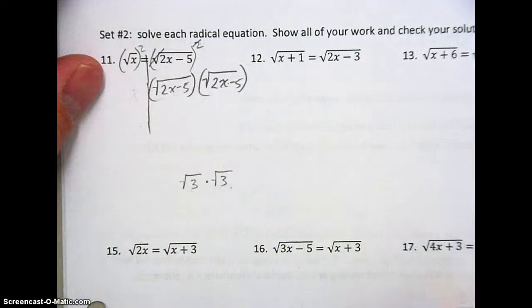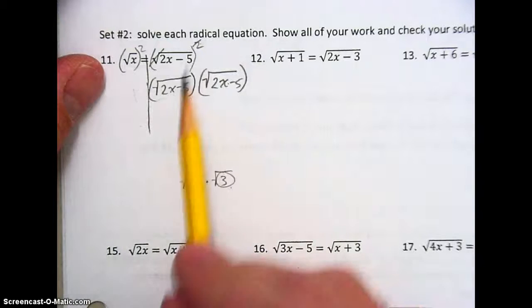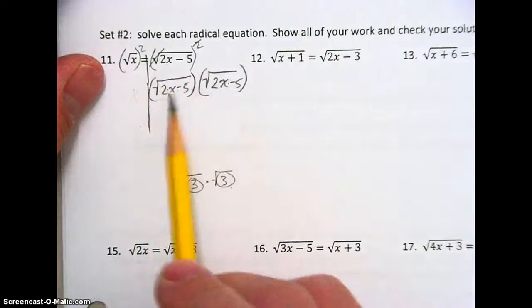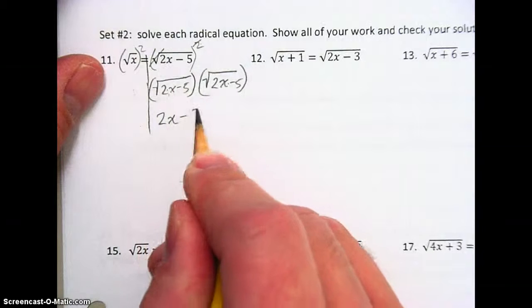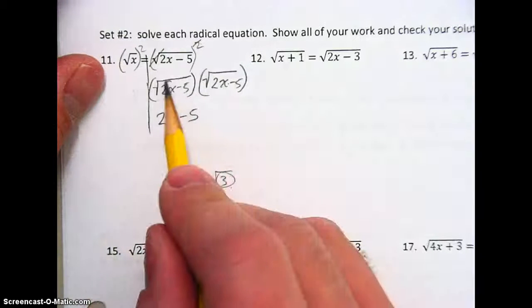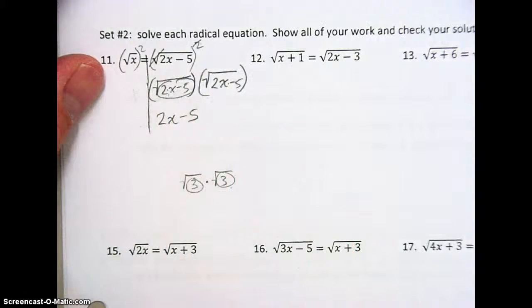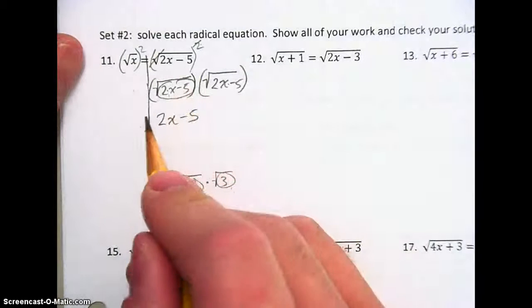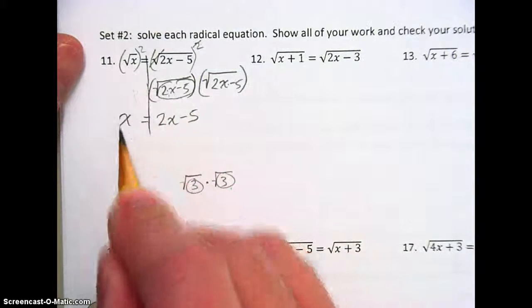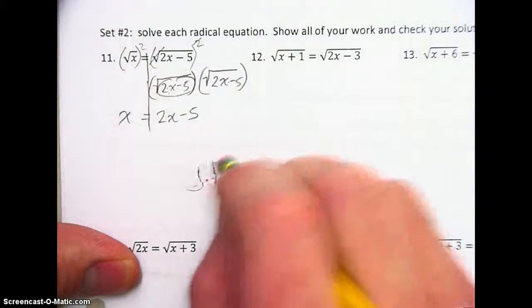The square root of 9 is 3, just like we've been working on the last week. Anytime you multiply a root by itself, you get the thing that's inside of it. So this piece is the part that drops out. I get x equals 2x minus 5.